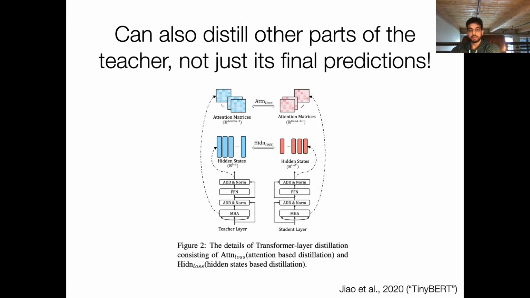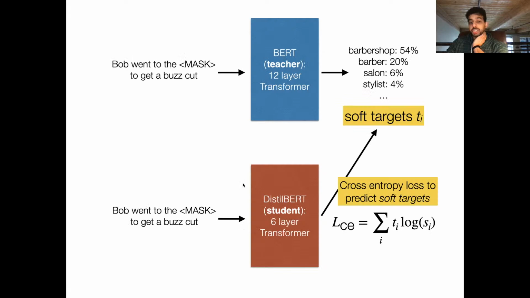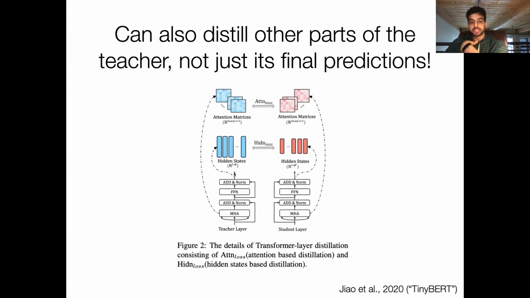before I do that, I wanted to mention that there are other works that try to distill other components of the model, not just the final predicted probability. I think these are quite interesting approaches. This paper that I've referenced here introduces a model called TinyBERT, where in addition to doing the distillation over the vocabulary, they do distillation on the hidden states and the attention matrices at each layer of the transformer.